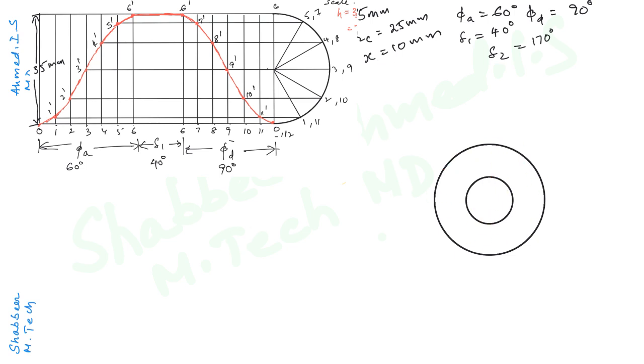So this is the offset circle and its radius is x equal to 10 mm, and this is the base circle. Now we need to draw a tangent to this circle, a vertical tangent. So this is the center of the cam and the follower is offset by 10 mm. That's why the offset circle must have a radius of 10 mm.